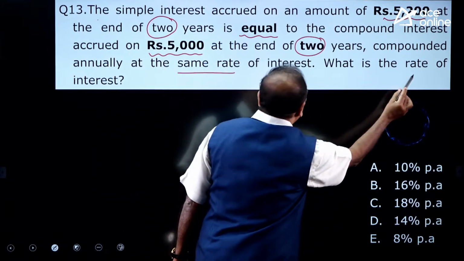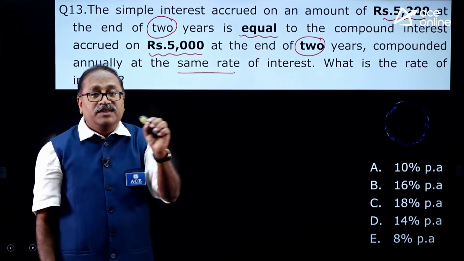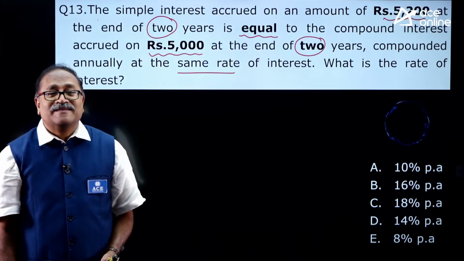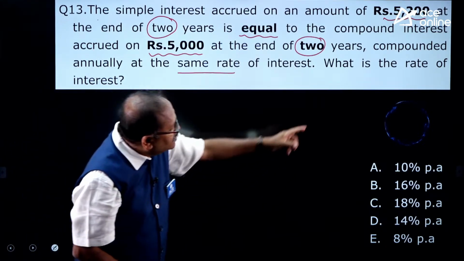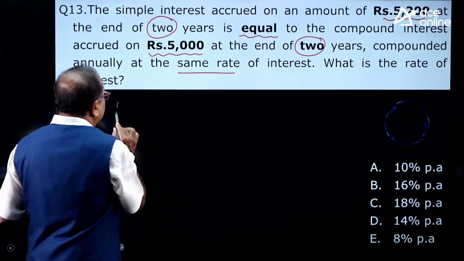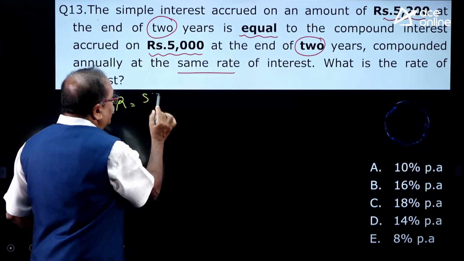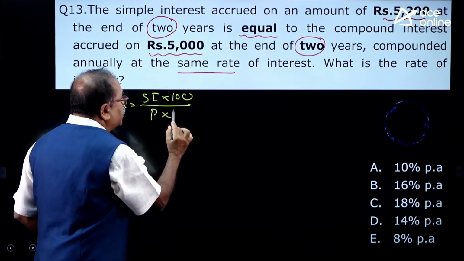So, what is the rate of interest? In order to get the rate of interest, R is equal to SI into 100 by P into T.